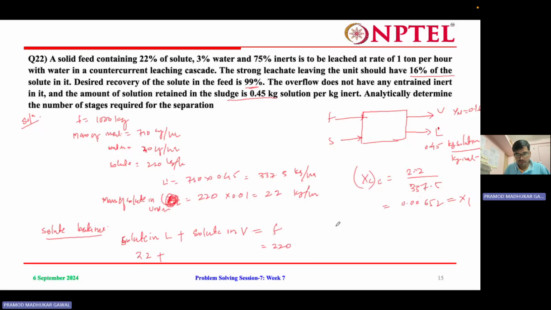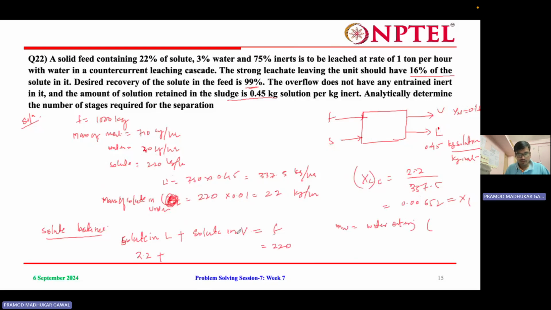Before going to this one, MW denotes the water entering, including the feed and this ones.